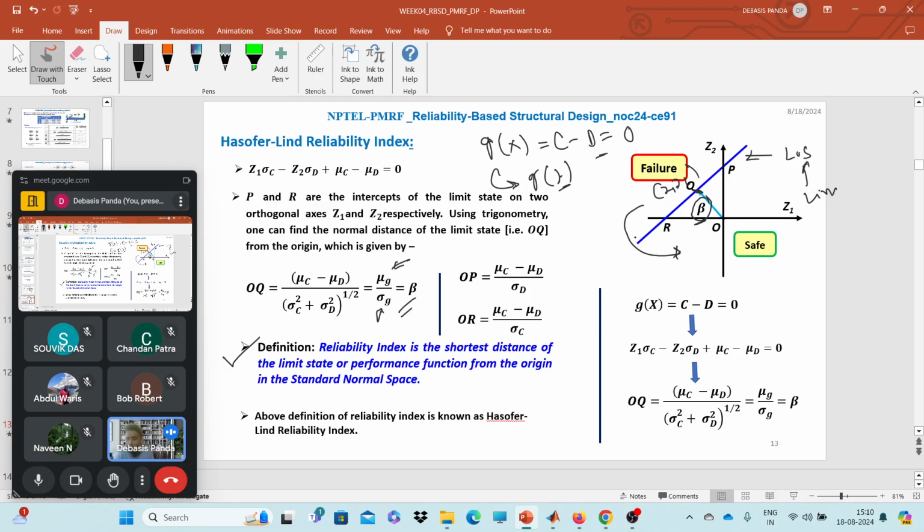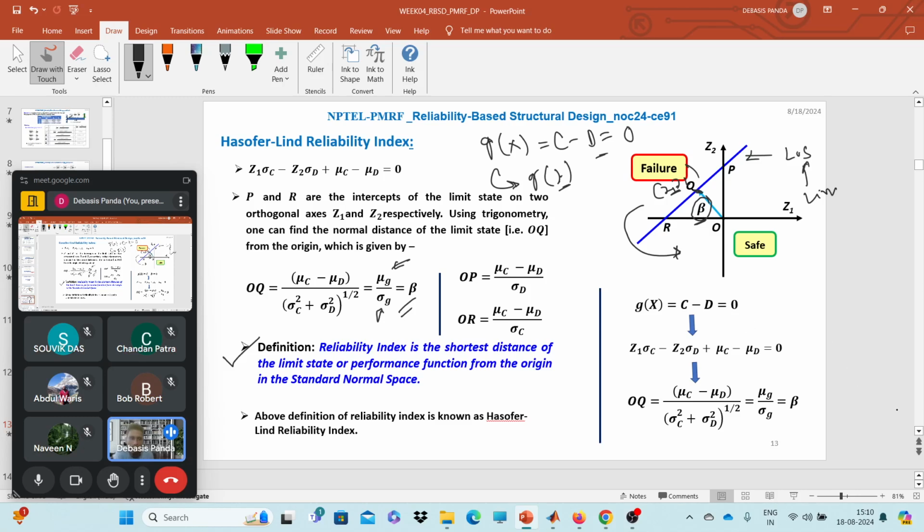To convert to standard normal space, we subtract the mean from that particular variable and then divide by its standard deviation. Then we find the minimum distance of that limit state function from the origin. So we get the design point and beta. Once we get z1, z2, we can convert them back to the original x1, x2 domain. It's the reverse process.